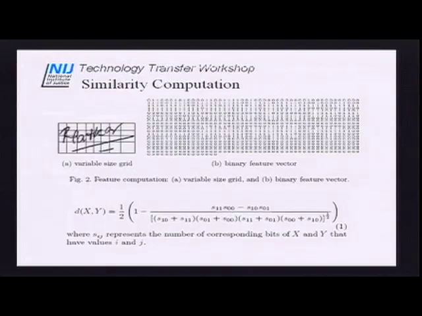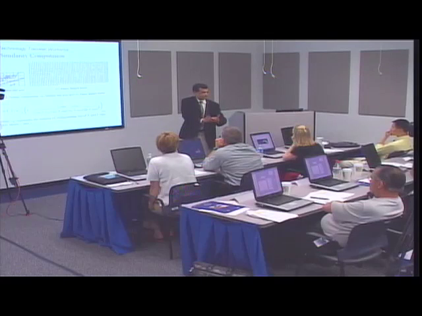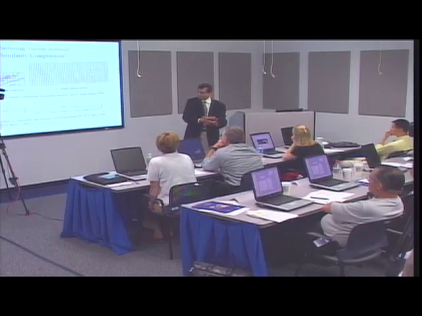S11 is how many bits have 1 in both places. How many bits have both zeros? That's S00. Then 1 0 and 0 1. You lay them one against the other, count how many of the bits match, and we compute this ratio.